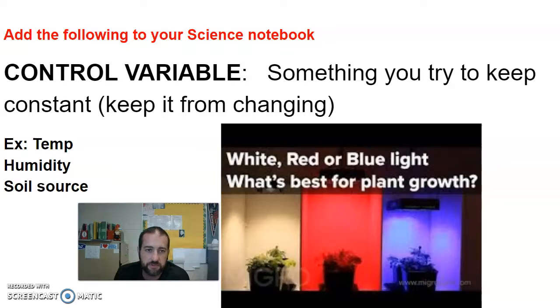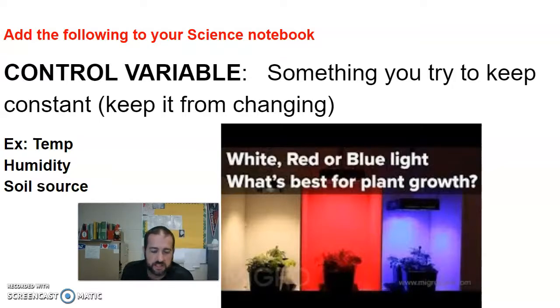So you want to keep it from changing. Constant means it's not changing. So back to our experiment. If we are changing the color of light on purpose, we are measuring plant growth. All the other variables we want to keep constant.